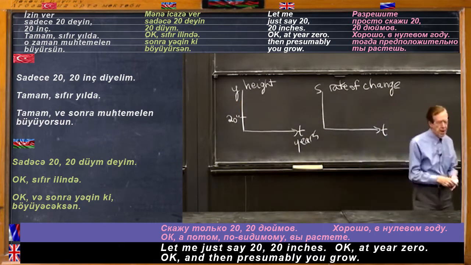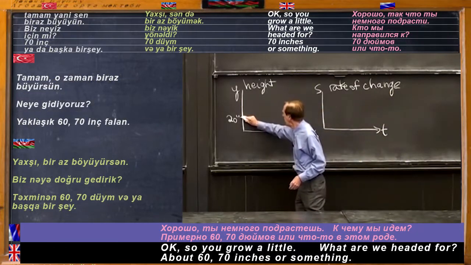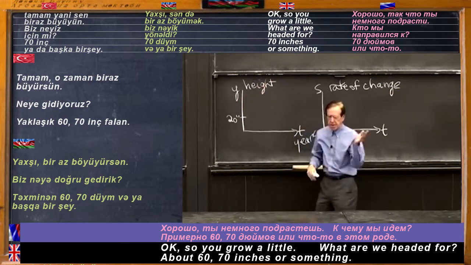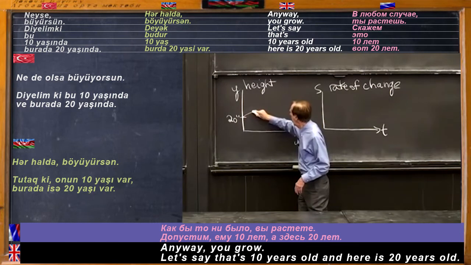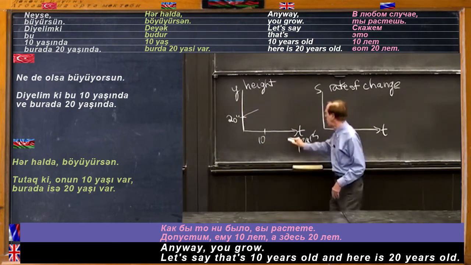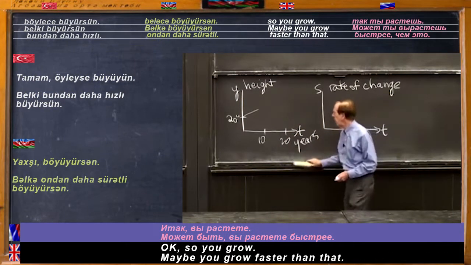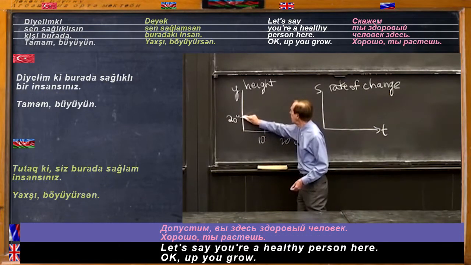Okay, and then presumably you grow. So you grow a little. What are we headed for? About 60, 70 inches or something. Let me put in, let's say that's 10 years old and here's 20 years old. So you grow. Maybe you grow faster than that. Let's say you're a healthy person here.